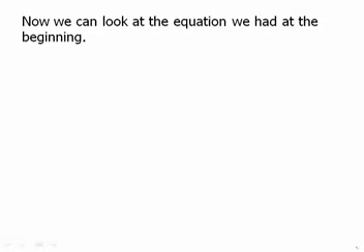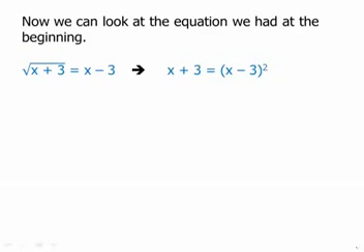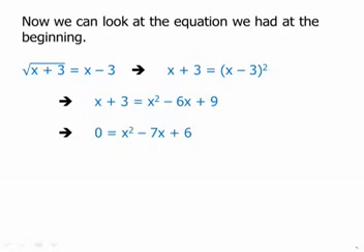Now we can look at the equation we had at the beginning. So here's the equation from the beginning. Of course what we'll do is square both sides. That binomial squared on the right side, we FOIL that out to x squared minus 6x plus 9. You may remember the pattern for the square of a difference. Then we'll gather everything on one side, so we get a quadratic equal to 0.